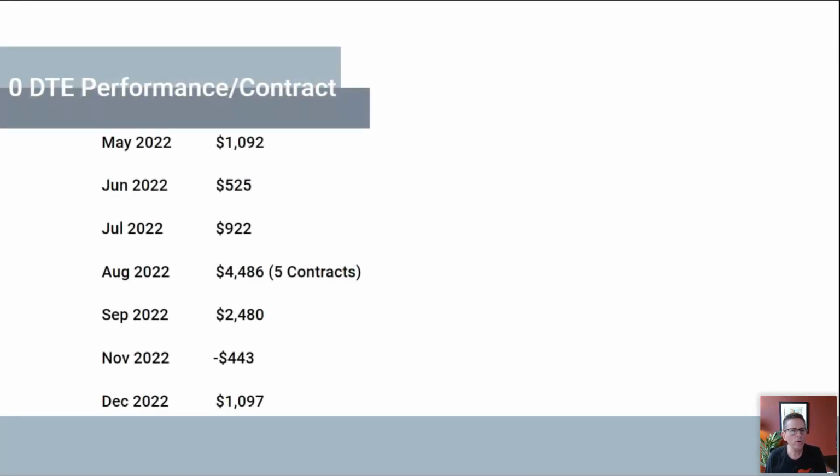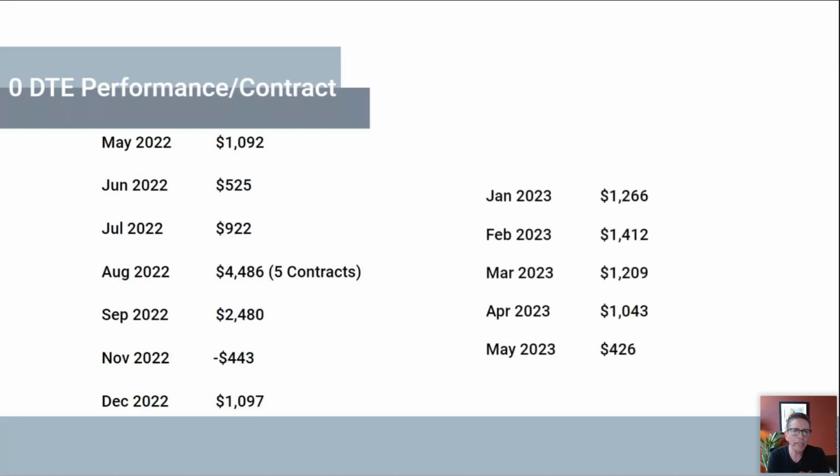So here's the performance for 0DTE after I started changing my trade plan, and things worked out pretty well, except in November we had a couple of losses, and May is doing pretty well as well. We just haven't updated that. So it's a consistent trade if you manage it well.